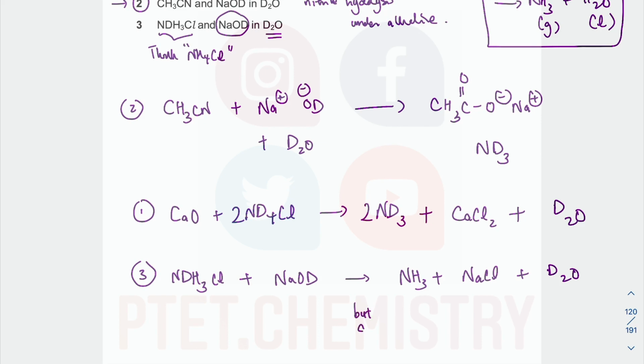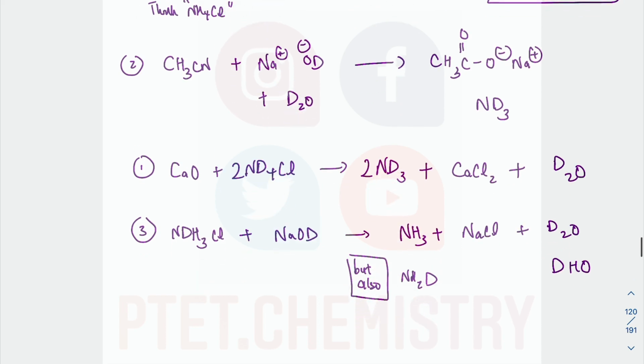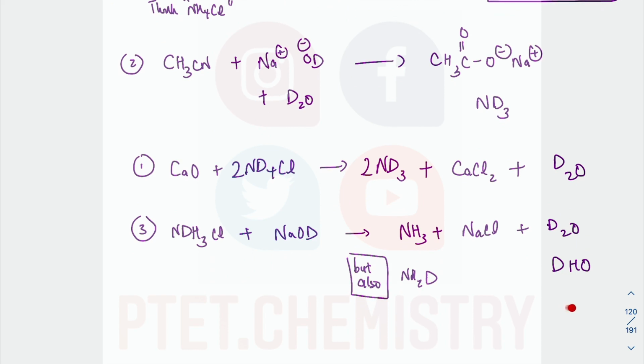But also, okay, how can you govern that you definitely get NH3, that you definitely just lose the D there? You could also get NH2D, and then you could also get DHO. Instead of 2 deuterium, you can get D and H. And of course, you can also have two of the hydrogen there as well. Alright, I mean, you get various combinations.